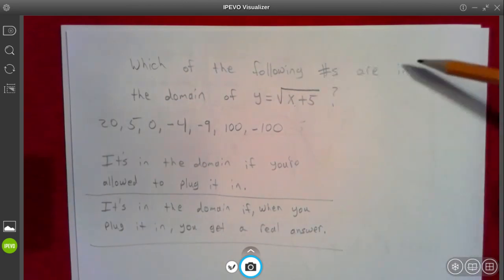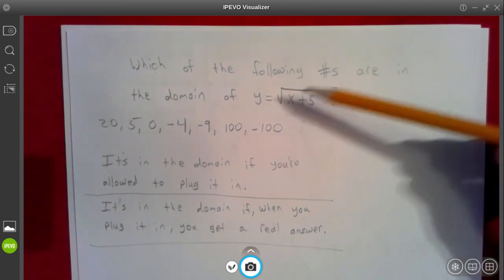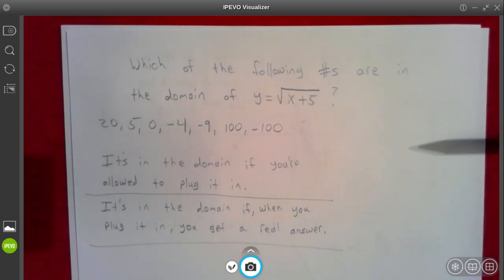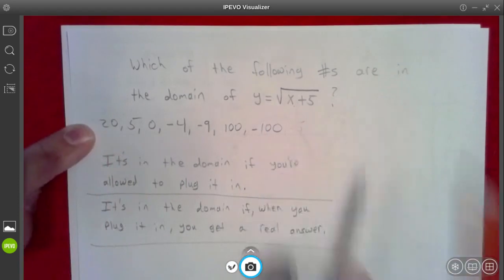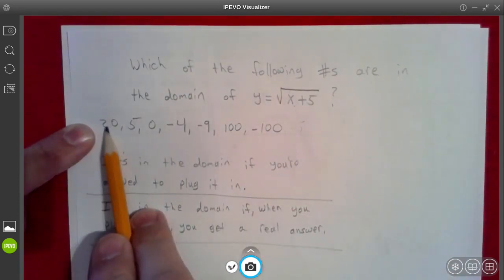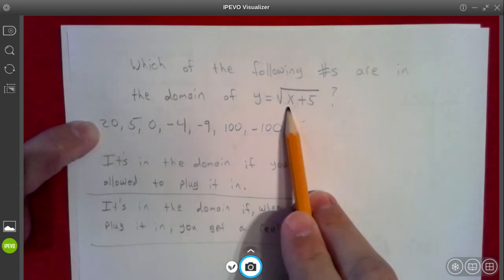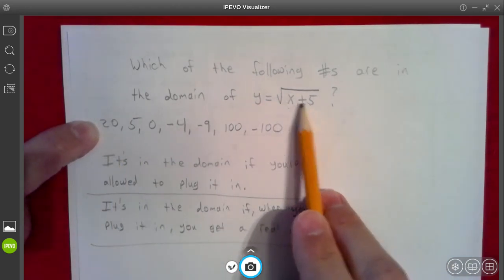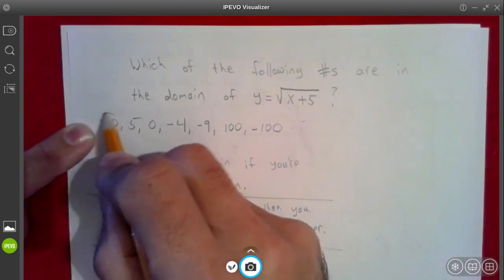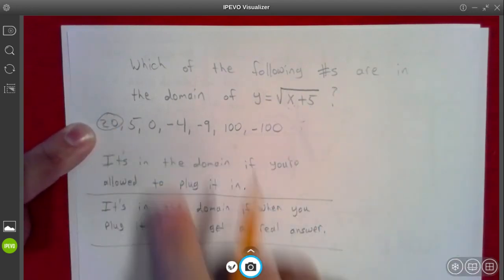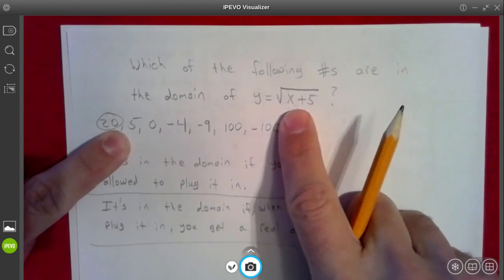Which of the following numbers are in the domain of y equals the square root of x plus 5? I just want to know which of these numbers I am able to plug in for x. If I take 20 and plug that in for x, I get 20 plus 5, which is 25, and you can do the square root of 25. So yes, that is in the domain. 5 is okay.